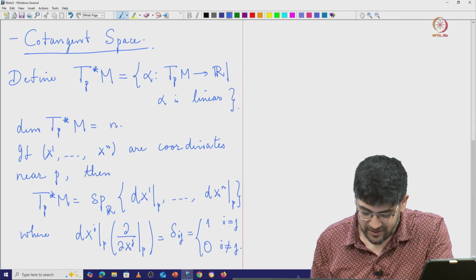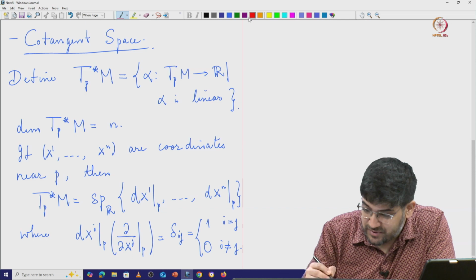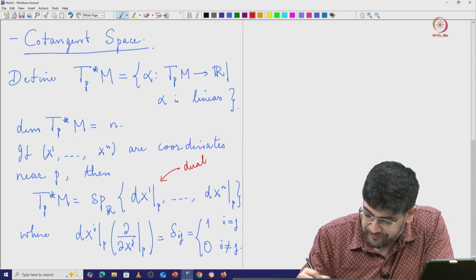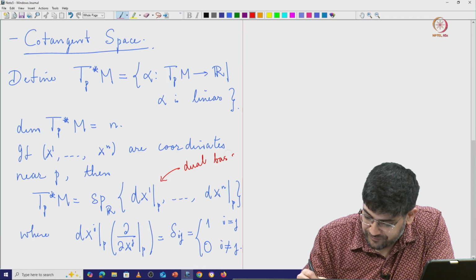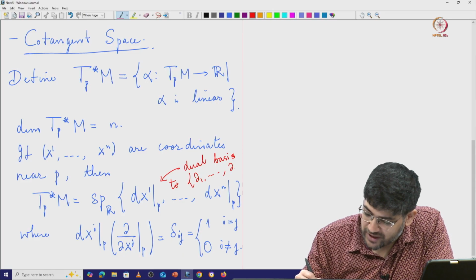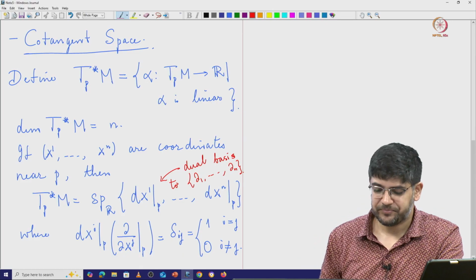Okay. So this is the dual basis to the basis del 1 up to del n.